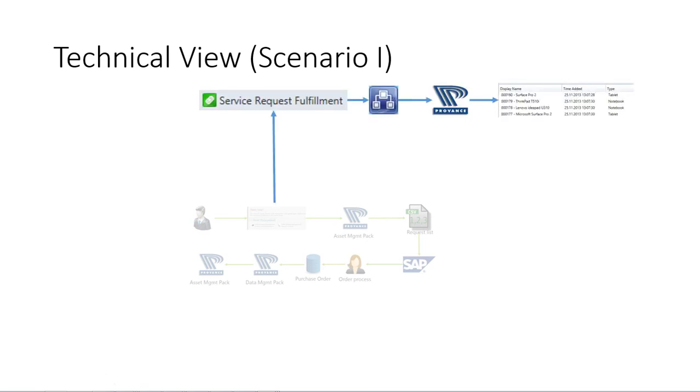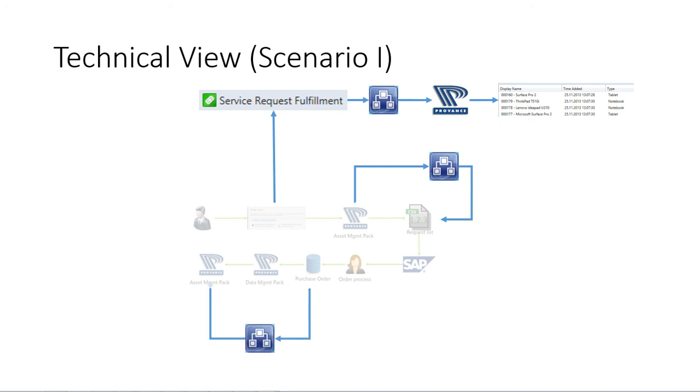In my demo, in my process, the requesting of assets works over the self-service portal, which kicks then a service request fulfillment process, and Orchestrator creates the assets you saw in the very first screen. What you saw is the one runbook which creates a CSV export for any ERP system, in my case SAP.